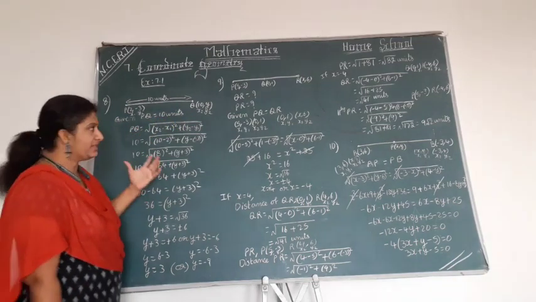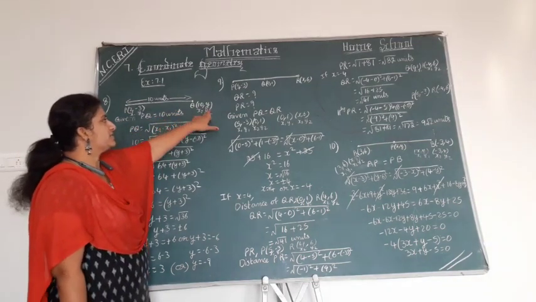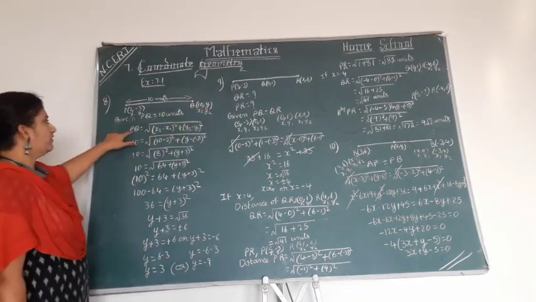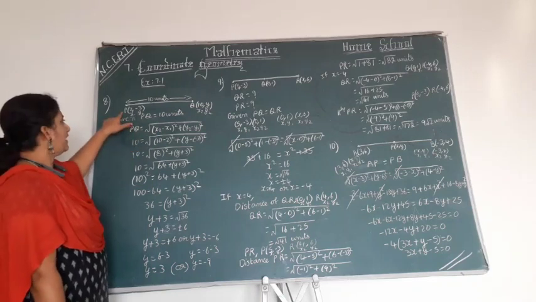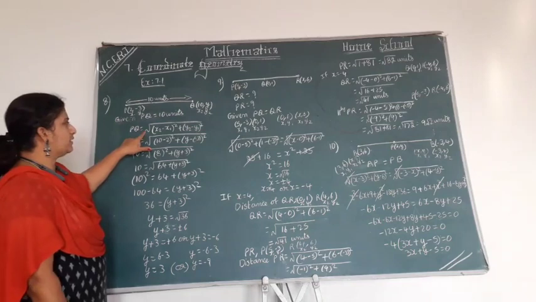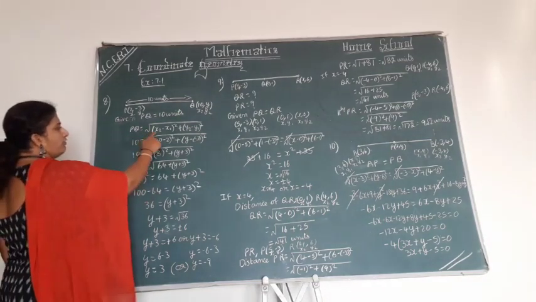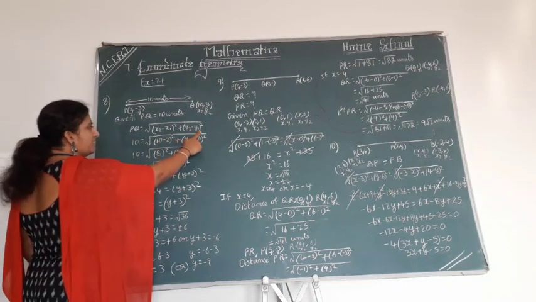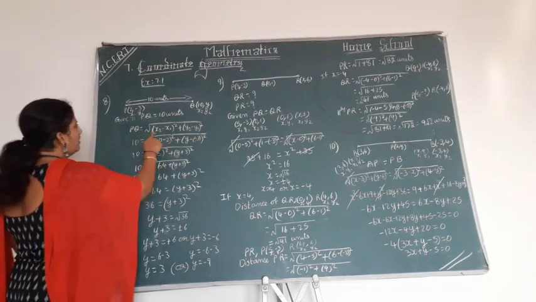What do we need to find in this problem? We need to find the y value. We know the distance formula PQ, instead of D I have written PQ. PQ is equal to square root of x2 minus x1 whole square plus y2 minus y1 whole square.